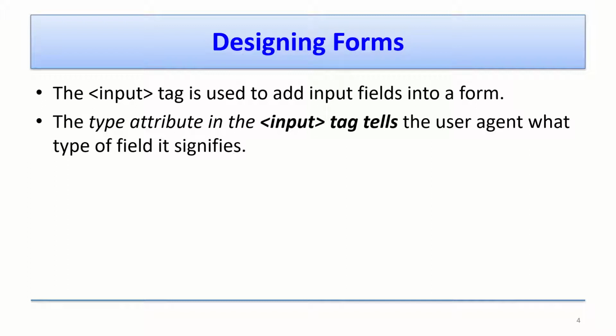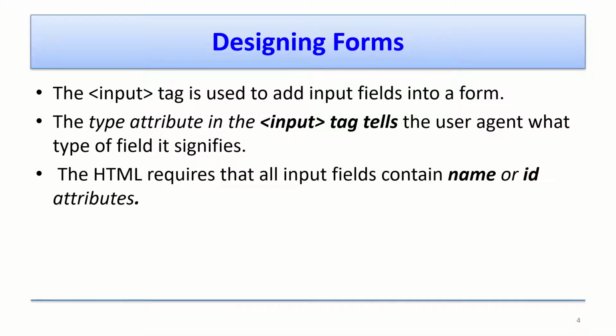So it may be a text box, as I explained earlier, or it may be a text area. It may be a button, or some kind of radio button, or a checkbox, something like that. That depends on the attribute inside the input tag. So let's see those things in examples.